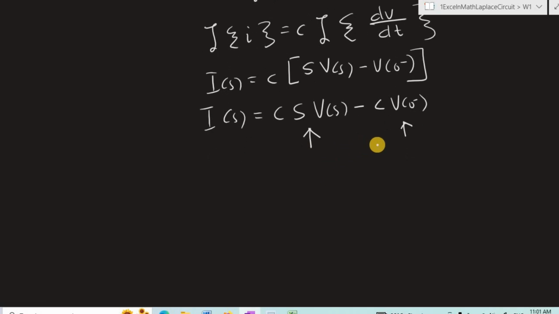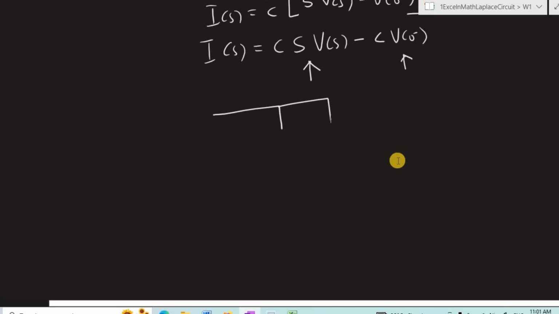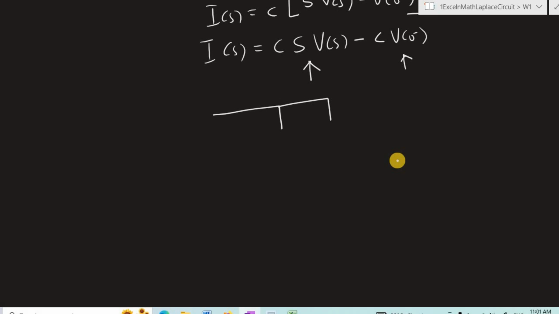Since the right hand side of the equation contains two terms, our circuit must contain two branches. So if this is the current source and this is our capacitor, then our V of S is here, and we have I of S here.